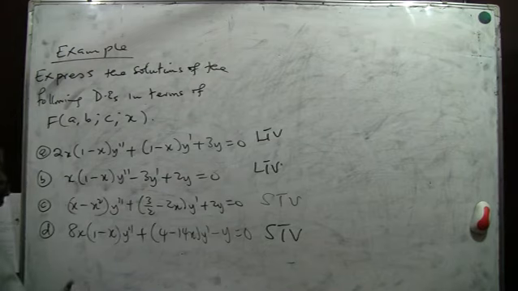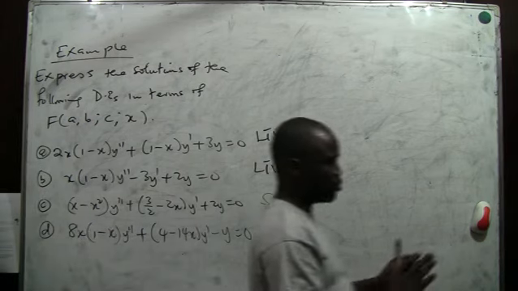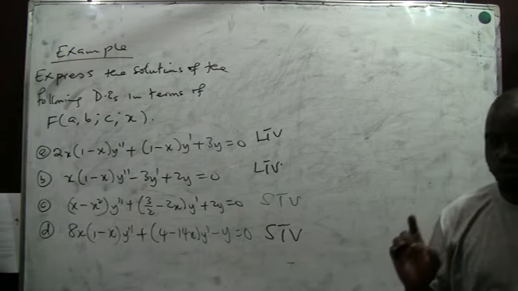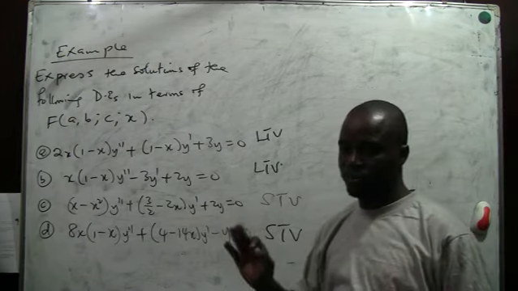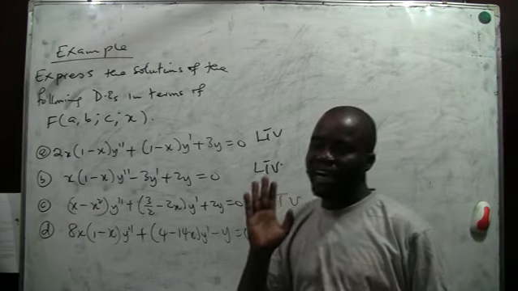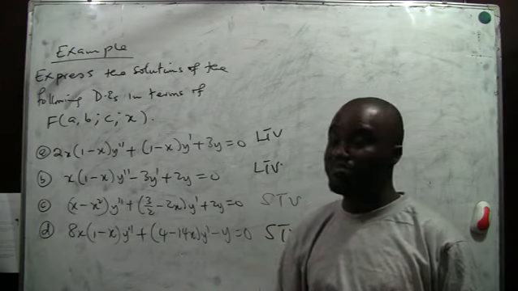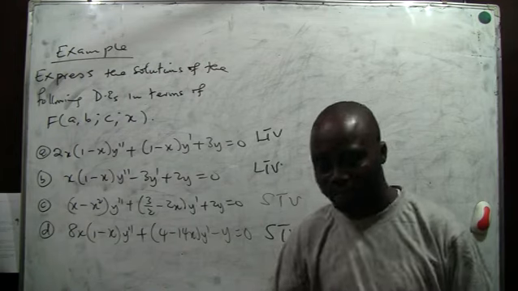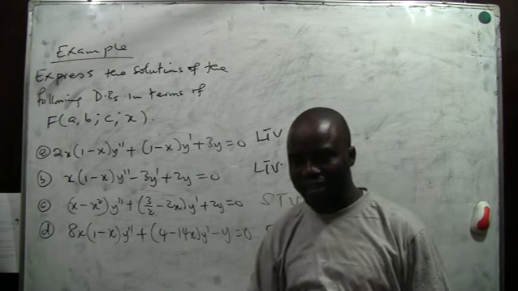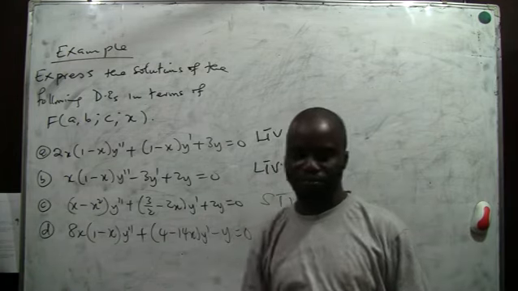So I will solve the first two. Now, there are two ways to solving these problems. Number one is to start from the first principle. Now, as a matter of fact, anytime we use the first principle in mathematics, generally, it means start from beginning. Start from the definition.